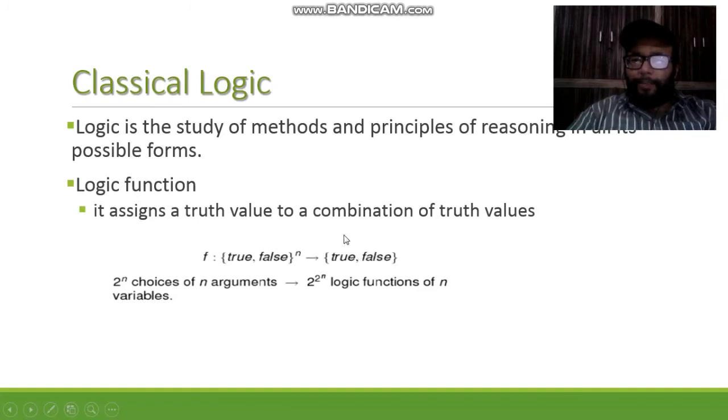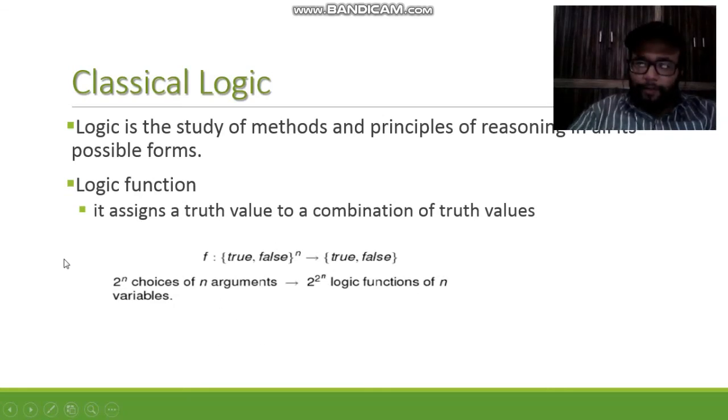It means it will result in one of these values, so we have 2 to the power n choices for n arguments. For 2 arguments, 2 to the power n means 4 choices, and 2 to the power 2n possibilities means all these combinations.